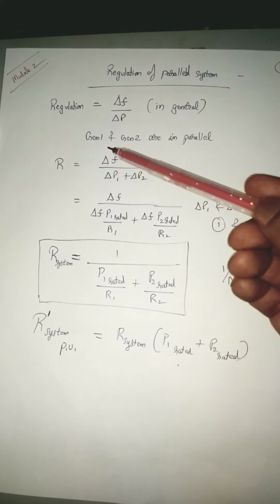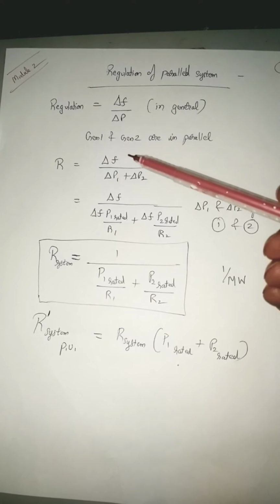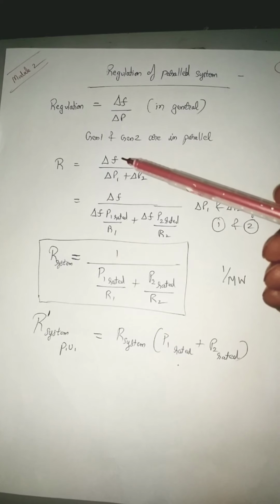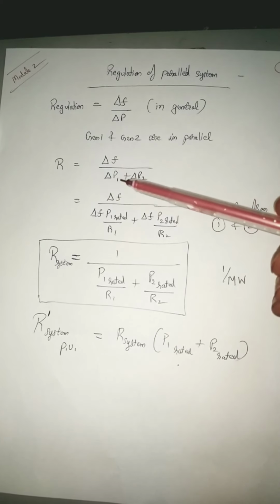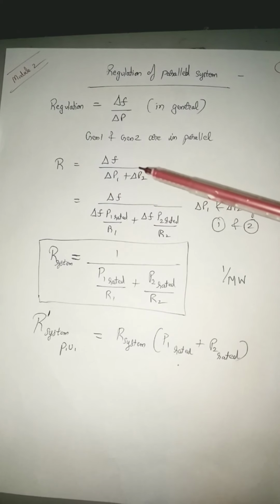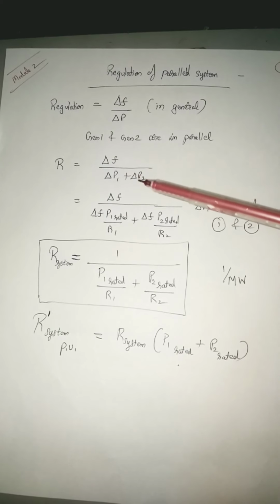Here, generator 1 and generator 2 are operating in parallel. So, in the earlier graph, you have seen that change in load demand for the first machine is delta P1, change in load demand for the second machine is delta P2. So the total load change is delta P1 plus delta P2, taking both the machines into consideration.